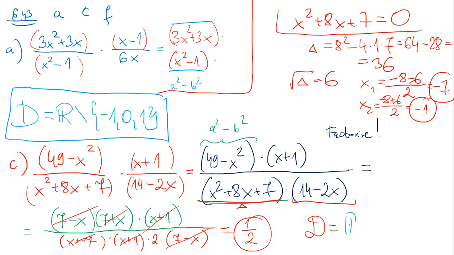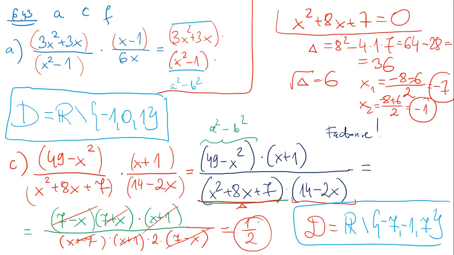So we need to get rid of -7, 7, and -1. So -7, -1, and 7. And this is it. So the answer is 1/2 with the domain real numbers without -7, -1, and 7.